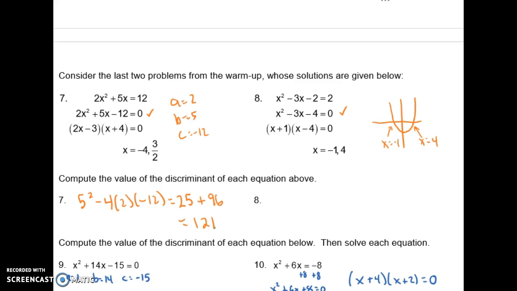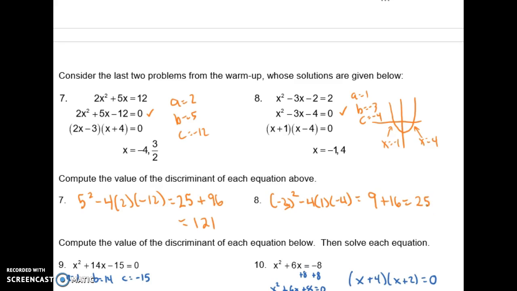Interesting number, 121. Do the same thing on number 8. A equals 1, b equals negative 3, c equals negative 4. So negative 3 squared minus 4 times 1 times negative 4, that's going to give me 9, and then this part would become plus 16, and that's 25.